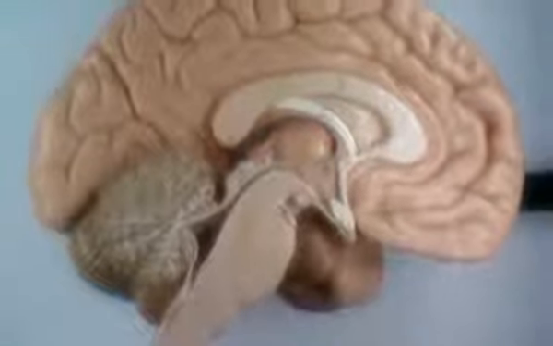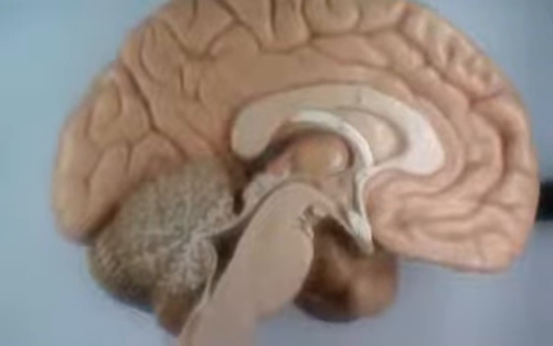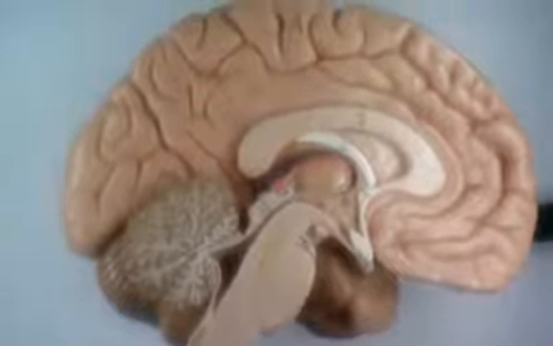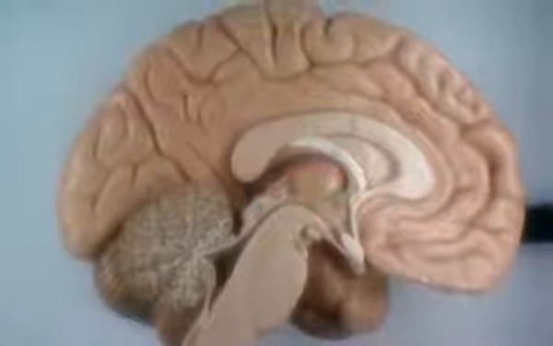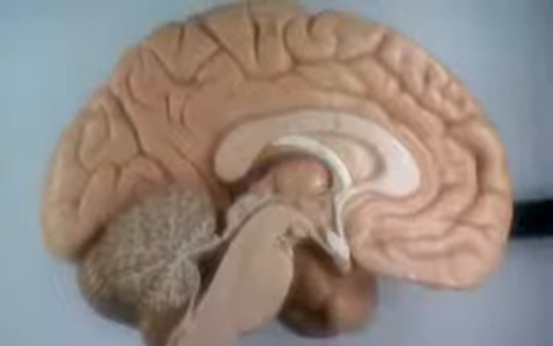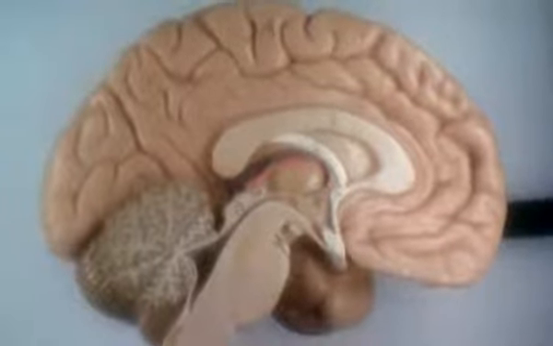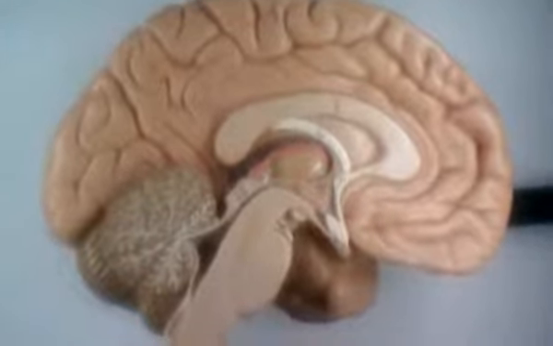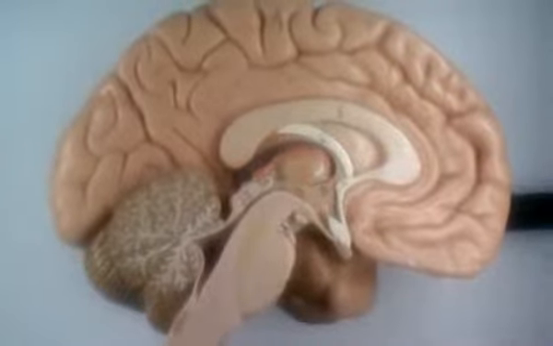So the choroid plexus is a very important network of very small blood capillaries that actually allow you to exchange substances with your cerebrospinal fluid that's passing through your brain. It also helps with recycling old cerebrospinal fluid.